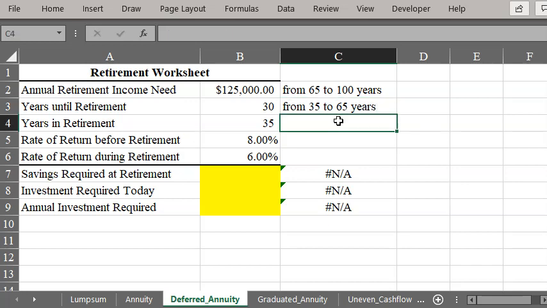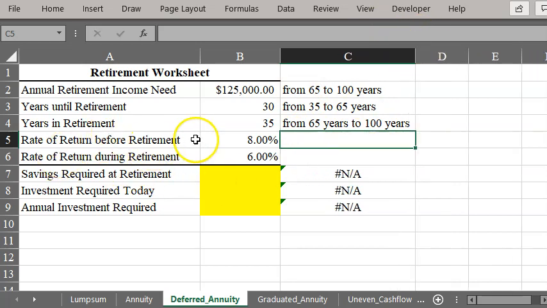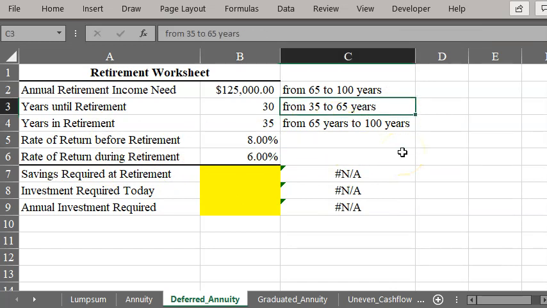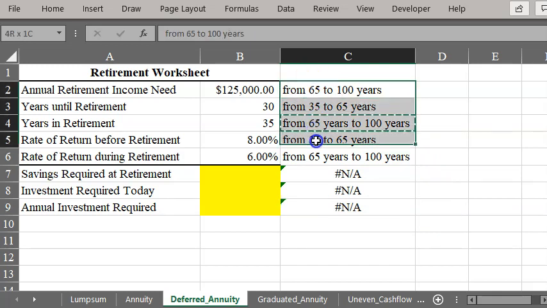Years in retirement is 35, from 65 years to 100 years. Rate of return before retirement is 8%. This is from years 35 to 65 years. Rate of return during retirement is from 65 years to 100 years. So these are just labels, and they are not the inputs for any calculations. This is just for your information only.